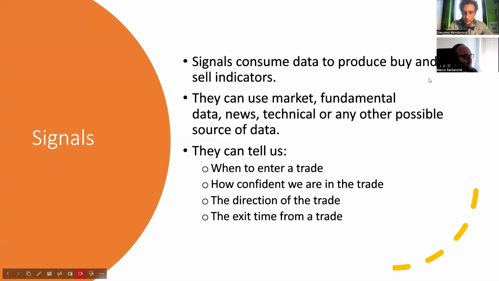So what are trading signals? Trade signals consume data to produce buy or sell indicators, or values if we want. There could be a number for each asset we have in scope, for instance for a stock or multiple stocks, or they could just not be there if there's no signal.